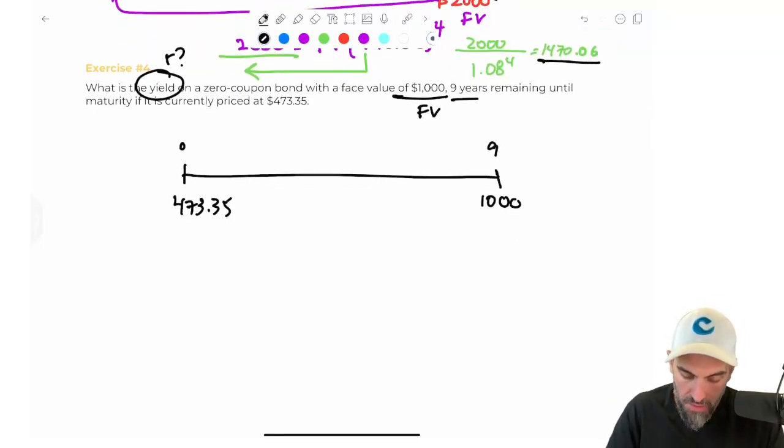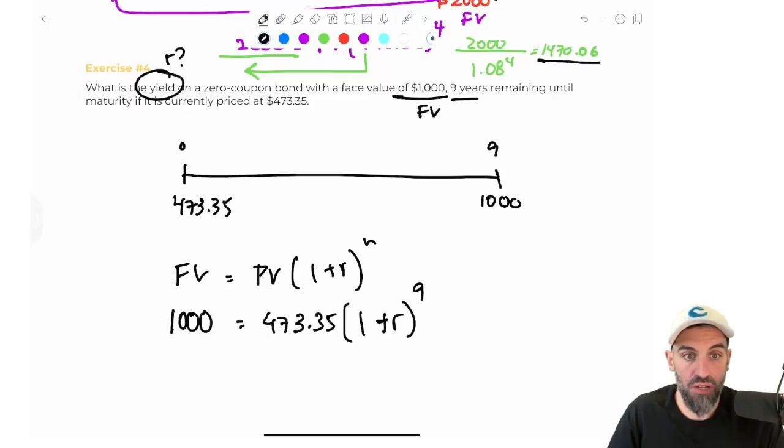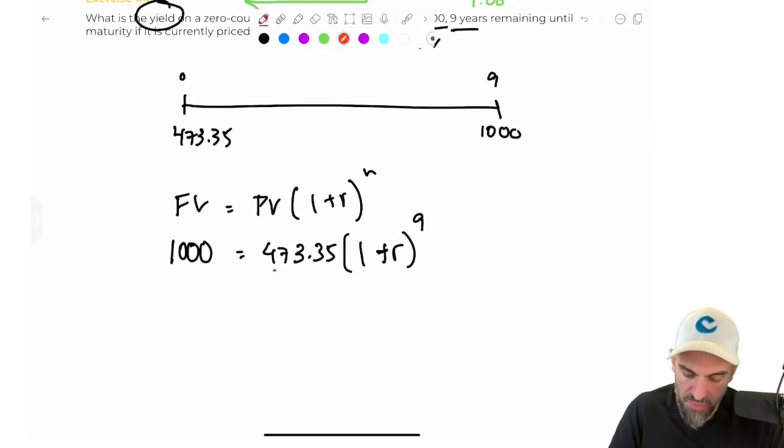Okay. So we know that future value equals present value multiplied by 1 plus r to the n. If the future value is 1000, the present value is 473.35, the rate is what I'm looking for, and n is 9. You just have to do the algebra. So here would be divide both sides by 473.35.